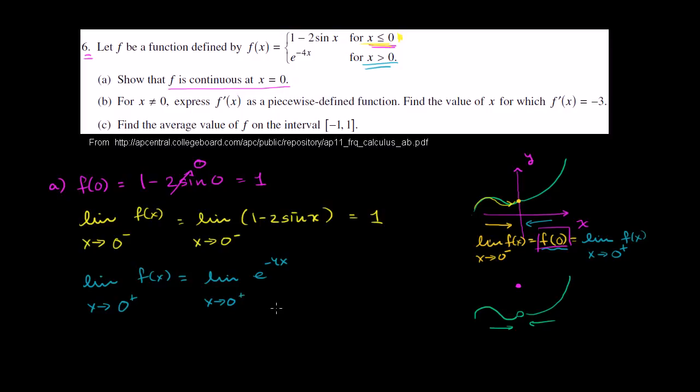In general, this is a continuous function, so this is the same thing as e to the negative 4 times 0, which is just e to the 0, which is just 1. So this once again is equal to 1. The function is equal to 1 at that point, the limit as we approach from the left is equal to 1, and the limit as we approach from the right is equal to 1. So the function is continuous there.